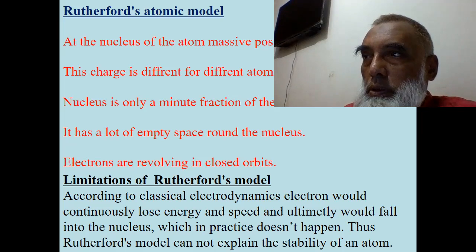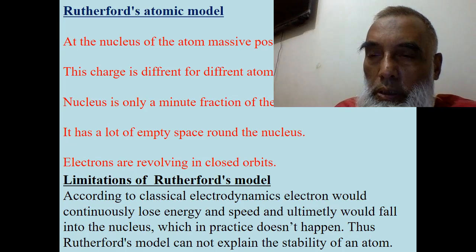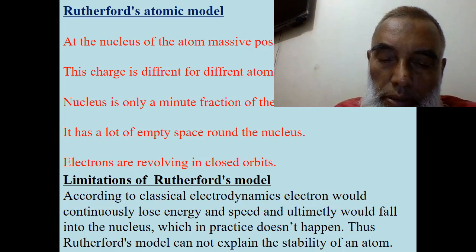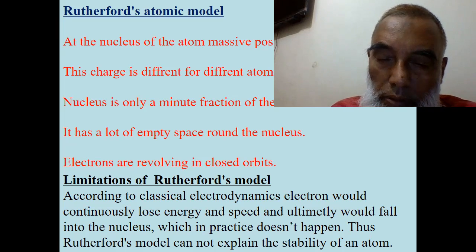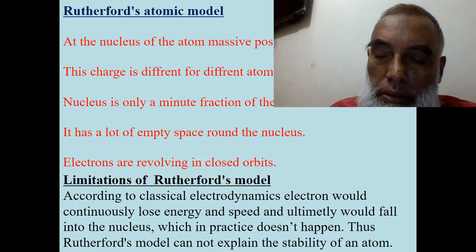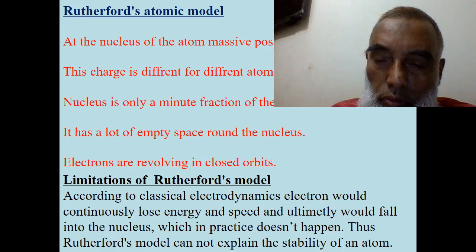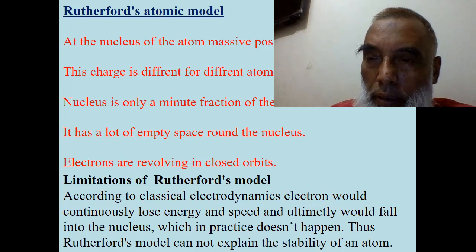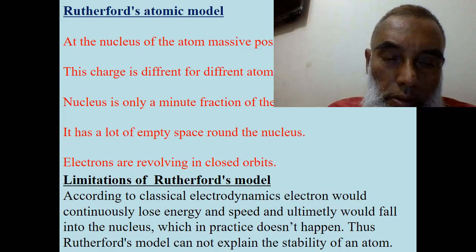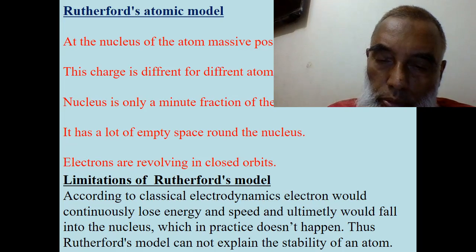It says that when a charged particle moves around another charged particle, it usually loses energy, so ultimately it drops into the nucleus. In an atom, where a negatively charged electron is moving around a positively charged nucleus, ultimately the electron will collapse into the nucleus. So Rutherford's atomic model doesn't support this.